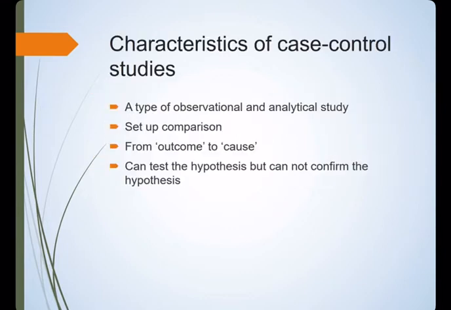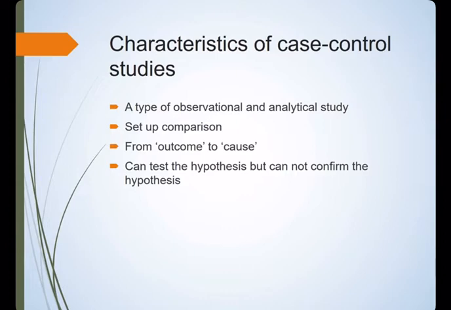When we talk about a case control study, we need to have some characteristics of this study in mind. What are the typical characteristics of a case control study? That is why it is different from other study designs. The first characteristic is that a case control study is an observational and analytic study.